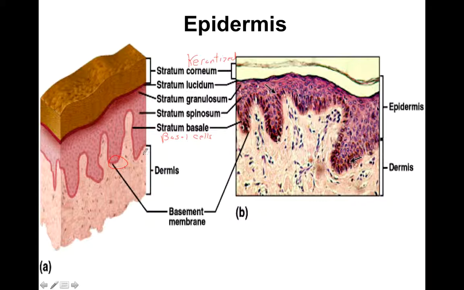Okay, and in this layer you also have melanocytes. The melanocytes are there to produce pigment. We'll talk more about those. And there's also Langerhans cells.